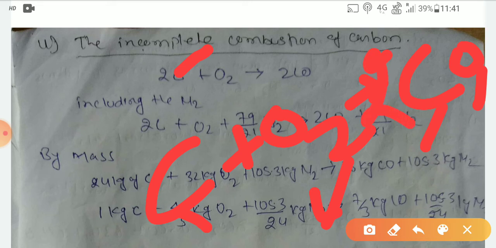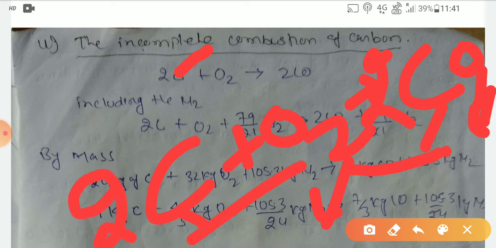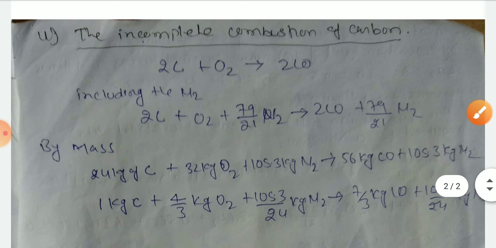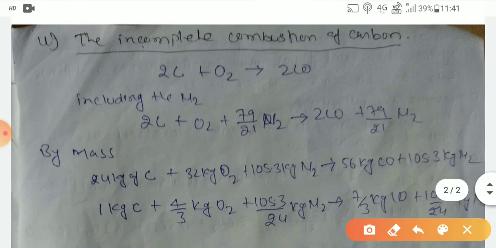Here write 2 for CO, so the oxygen is balanced, but the carbon is unbalanced. So I multiply by 2, and now the equation is balanced. So 2 moles of carbon react with 1 mole of oxygen to give 2 moles of carbon monoxide.